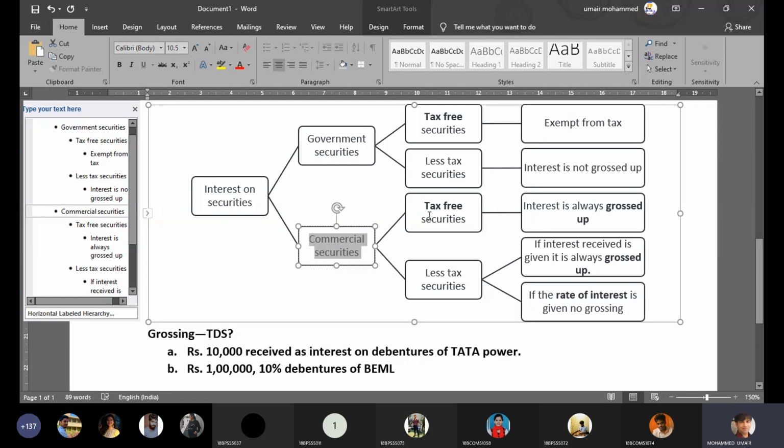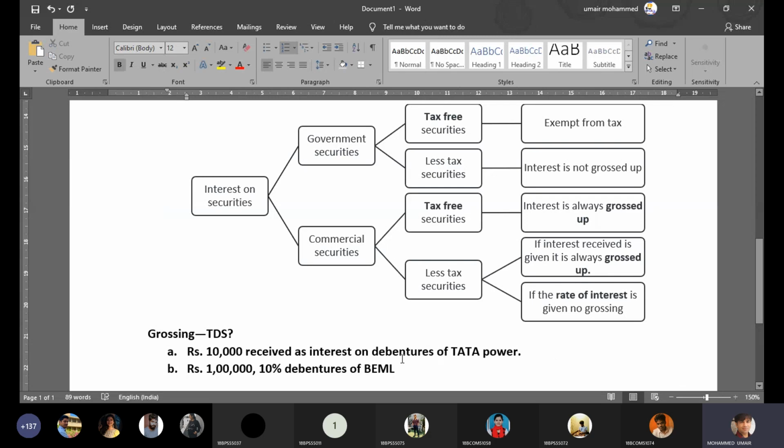Second step, under commercial security, is this tax free or is it less tax? How will you determine? The answer is it's not mentioned. If it is not mentioned, then very important, you have to assume this as less tax security. Because if it is a tax-free security, it will be specifically mentioned in the question itself that it's a tax-free security.